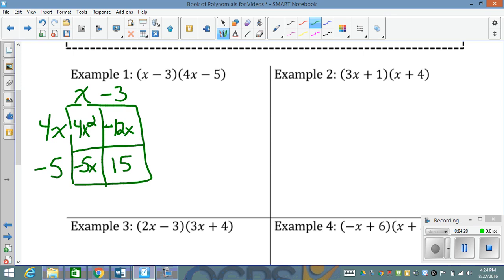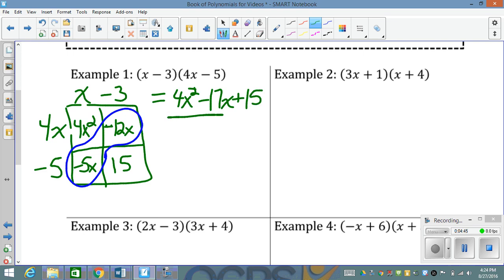So my simplified answer, remember I still need to combine my like terms here, those are both x's. My simplified answer is going to be 4x squared, negative 12x and a negative 5x. Signs are the same, so I add and keep the sign, and then plus 15.